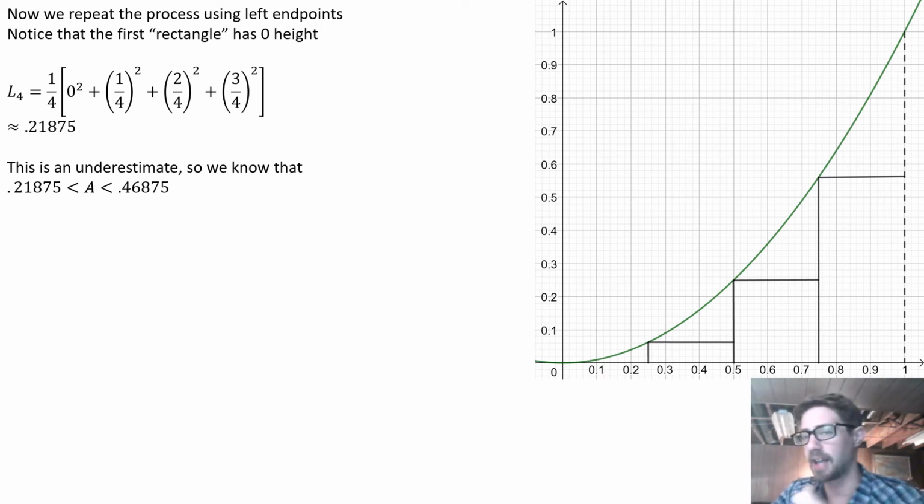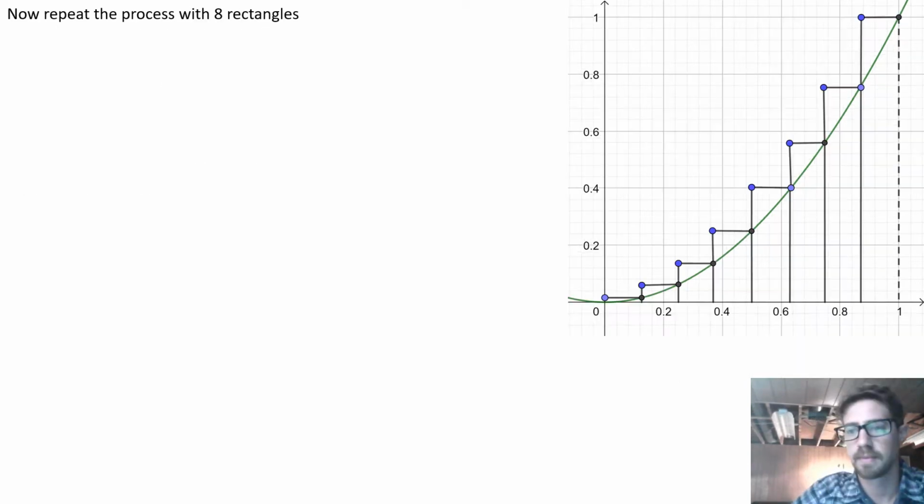So the next step should remind you of a limit. And it should kind of start to remind you more of calculus. Now we do the same exact thing, only we're going to use 8 rectangles. And again, the number 8 isn't special either. We could just as easily do 10 rectangles. But just agree with me that this is better.